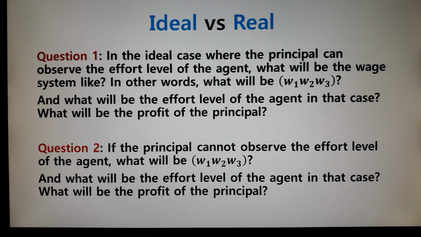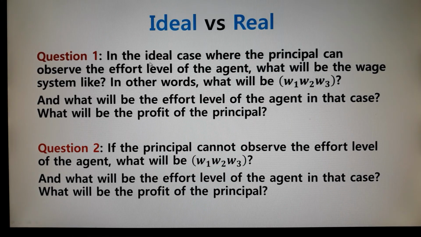Question number one: in the ideal situation, which all economists dream about, what would be the wages W1, W2, W3? W1, what does that mean? If the profit is 1 million, X1 happens, what is the wage? Of course, the wages are a function of the profit, because it's observable.